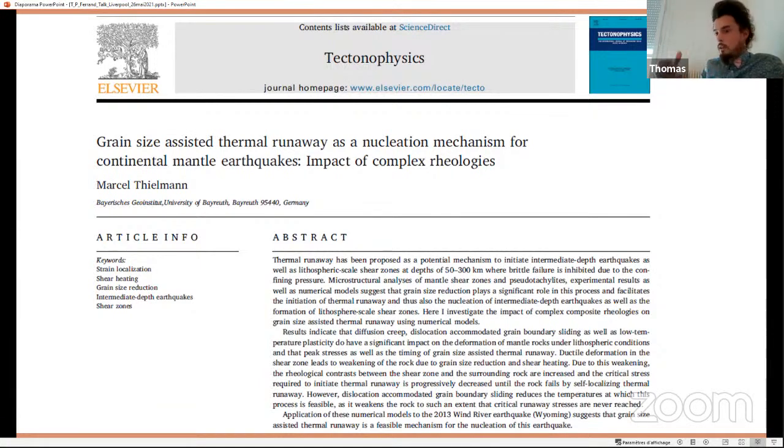And what I want to add to this is that the easiest way, and John will probably agree, the easiest way to reduce the grain size is a metamorphic transformation, right? So there is something to understand regarding the interplay of this in future modeling.